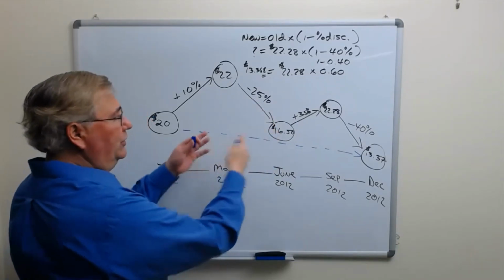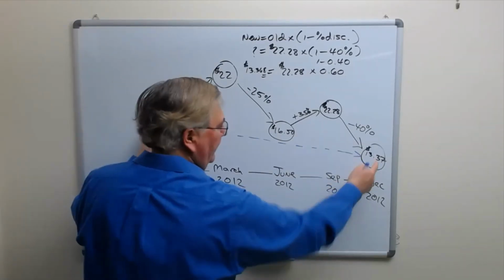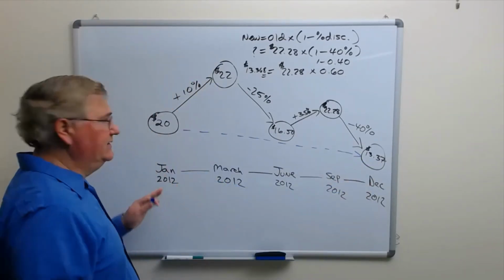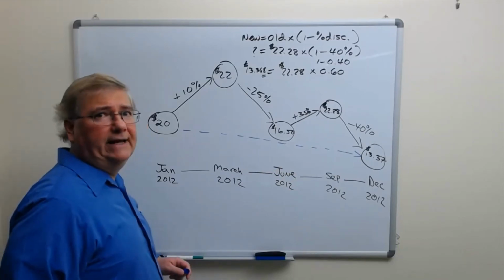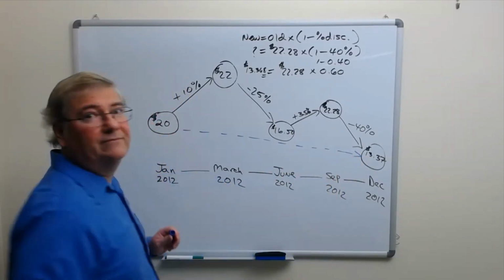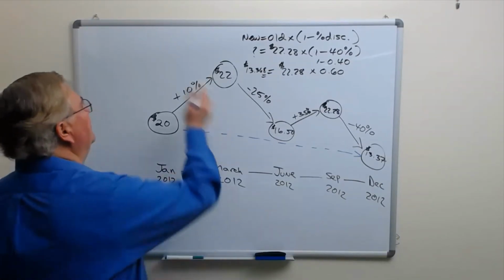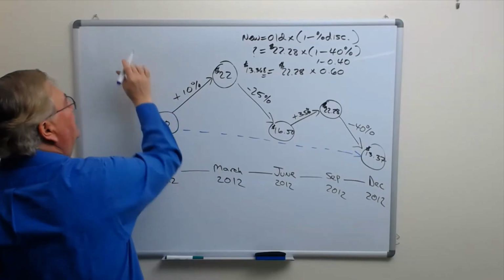We're given the old price and the new price. This is a time series data question. New minus old over old, which is the percentage change formula. So let me write out the percentage change formula over here.